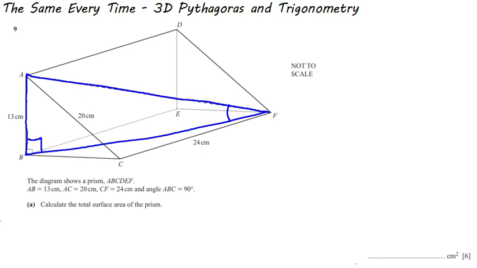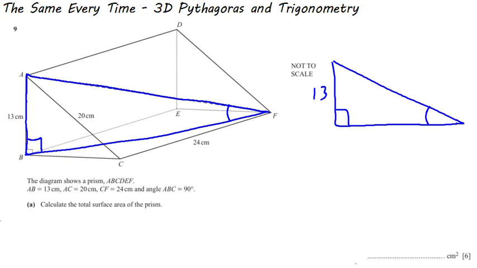Right, so what we have is this triangle. If I draw it up again, there's my triangle. And we have a 13 just there. We want this angle. So we're going to be using trigonometry, and we are going to need another side.